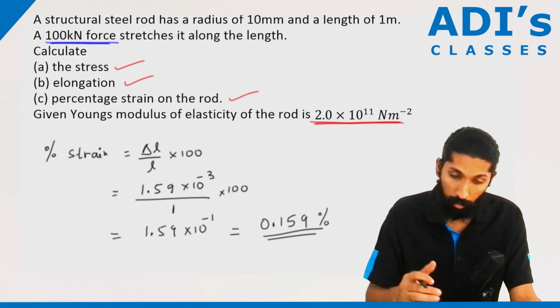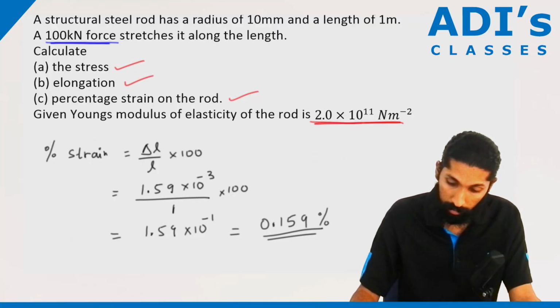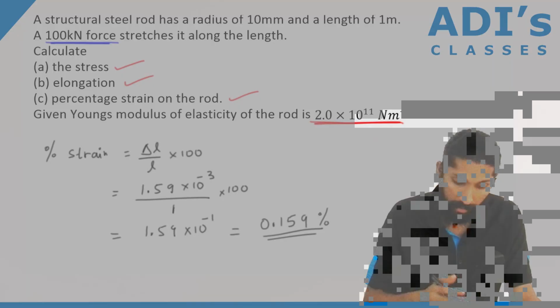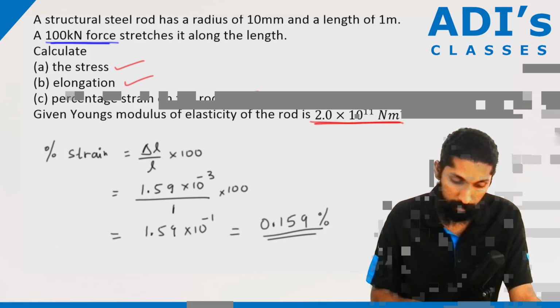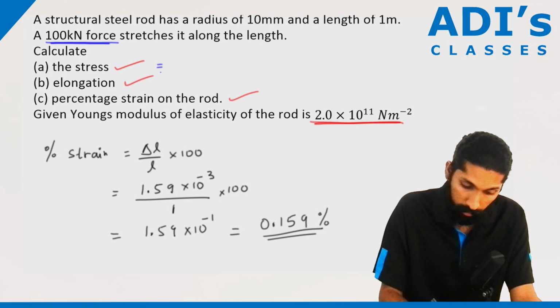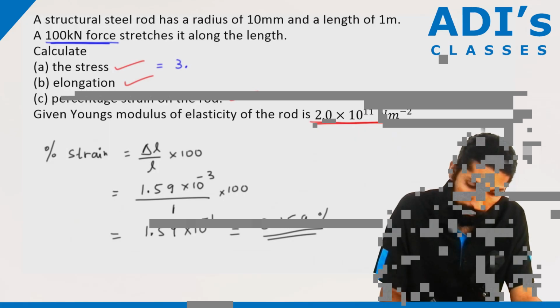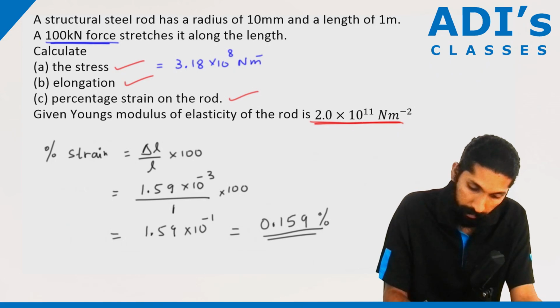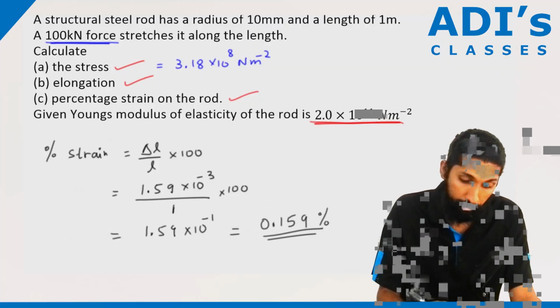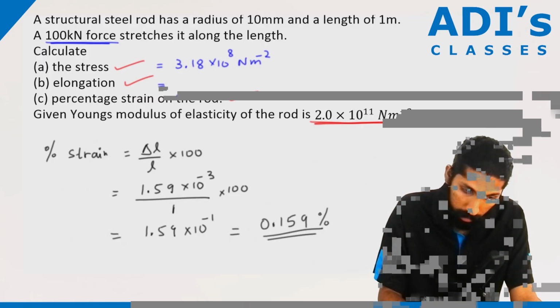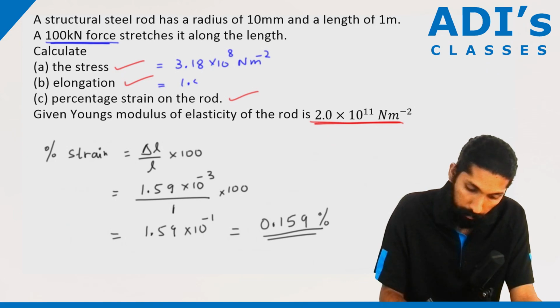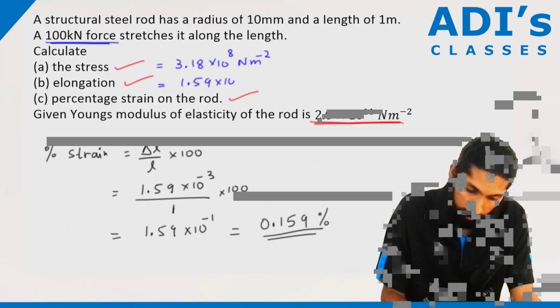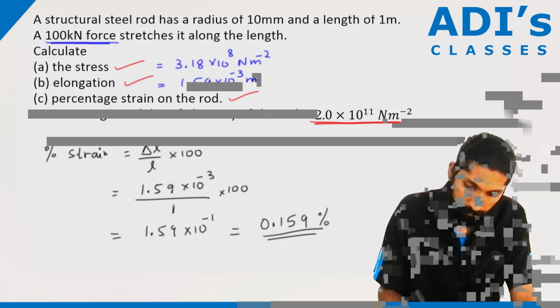Now to write down the answers, remember we are looking at the answers for parts A, B and C. For stress, the answer is 3.18 into 10 to the power of 8 Newton per meter square. For the second one, the elongation, you got 1.59 into 10 to the power of minus 3 meter.